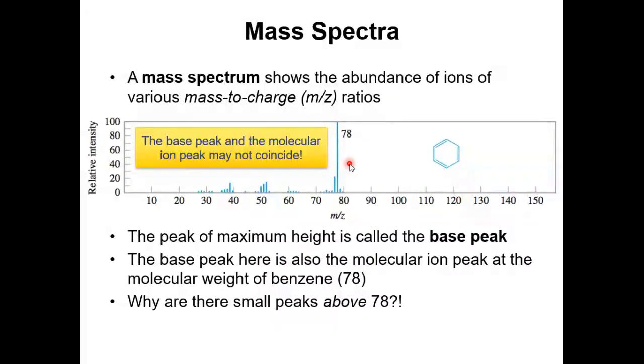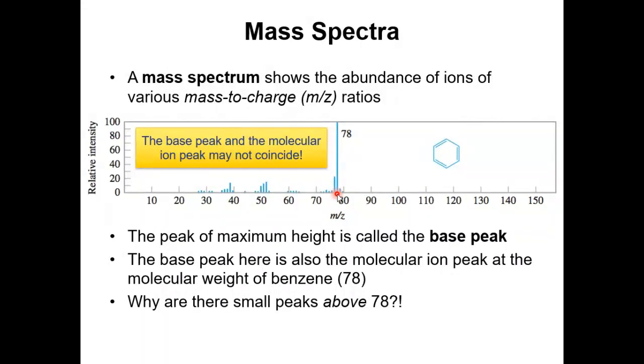And we know the mass number of benzene is what? Assume carbon is 12, hydrogen 1. We have C6H6. It's 78. So in this case, the base peak does have a mass charge ratio of 78.